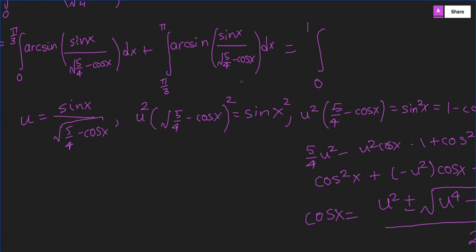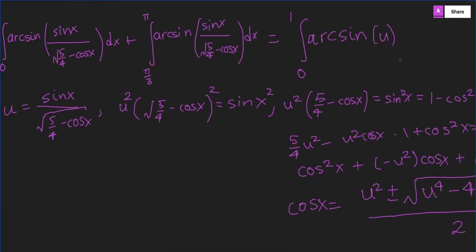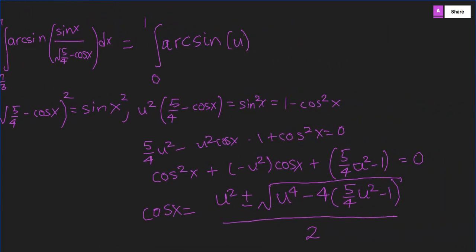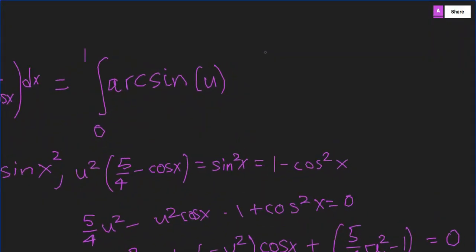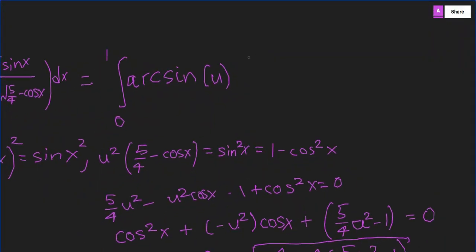And now instead of this arcsin of this whole complicated thing, we get arcsin u. Once again, I'm not going to differentiate it again, but for the increasing part, it should be the positive.